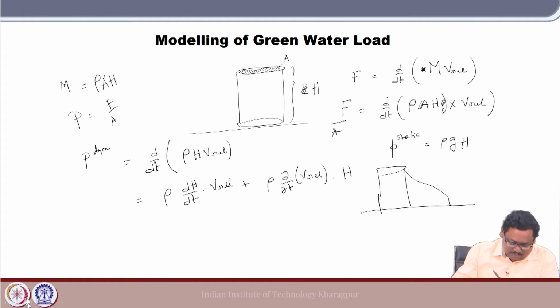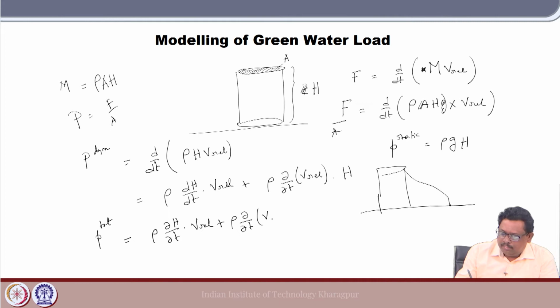So then the total pressure, P total, is equal to d rho into del H del t into V relative, plus rho into del t of V relative multiplied by H, of course, plus rho into g into H. I can take rho common here.